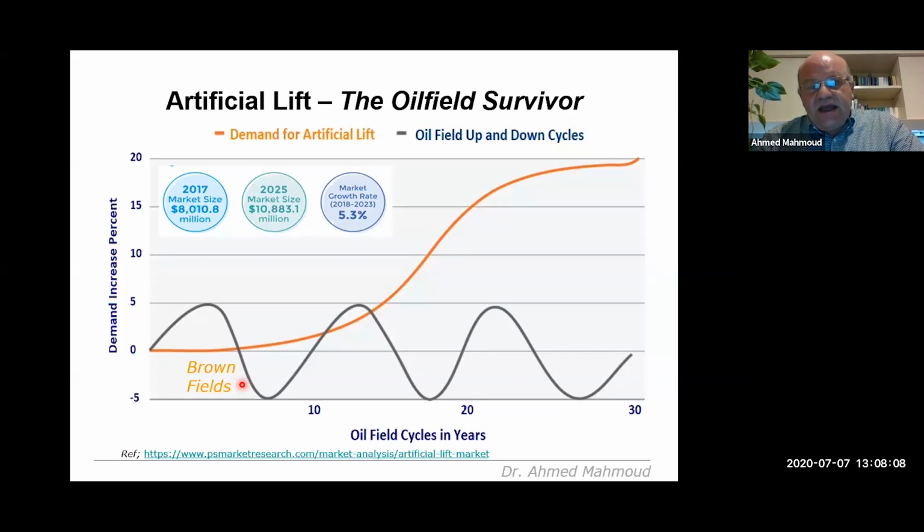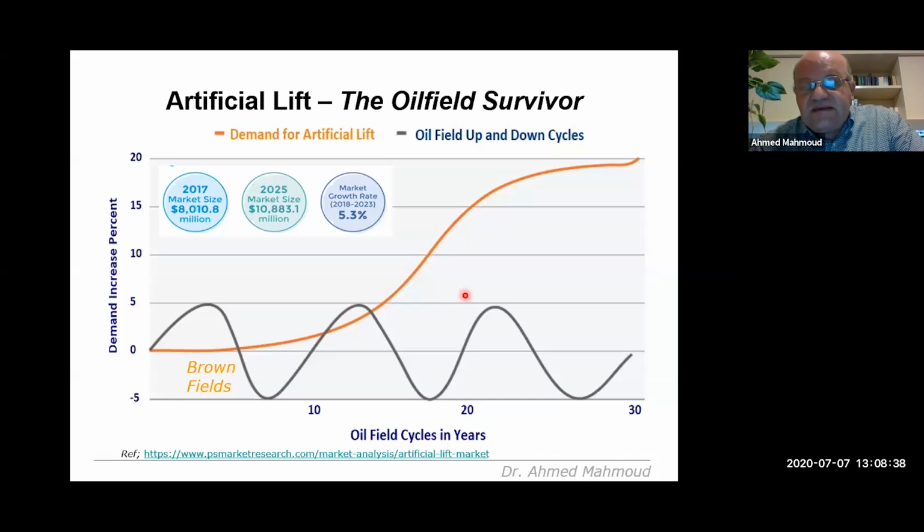Now, when the industry goes into the upturn cycle, automatically operators will start going into the exploration phase. And in the exploration phase, there is still enough economical justification to apply artificial lift methods simply because at that time the oil price is high.